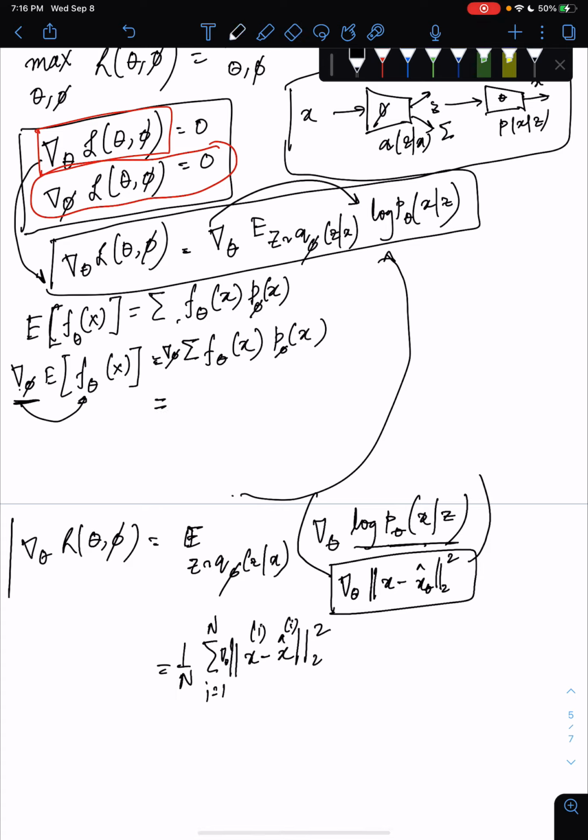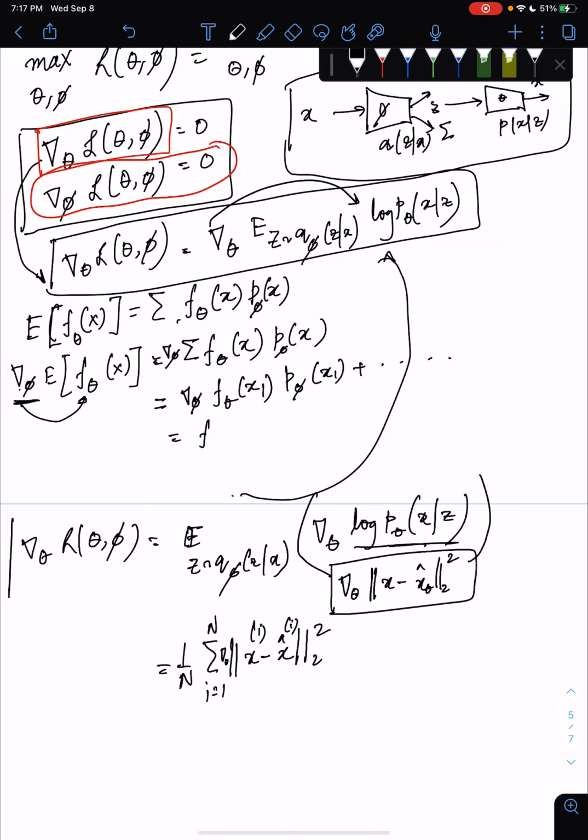This time I cannot push my gradient inside of it. What I'm trying to say is that this is grad phi of f theta, this is x1 p phi of x1 plus dot dot dot.